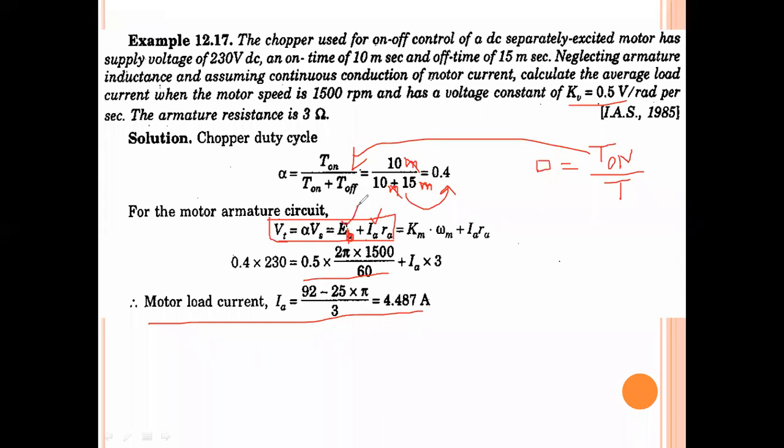EB is not directly given, so we need to calculate EB, and the armature voltage is not directly given, so we need to calculate it with the help of the duty cycle. So indirect data is given, and we have to use that indirect data to calculate the other required parameters. After that, we get the final answer, the average load current or the motor load current.